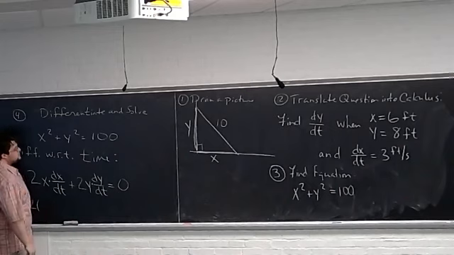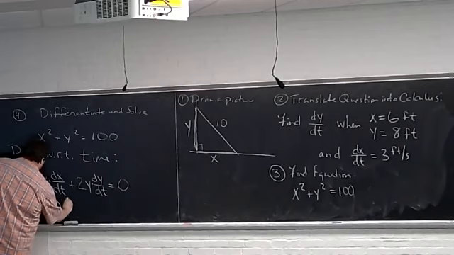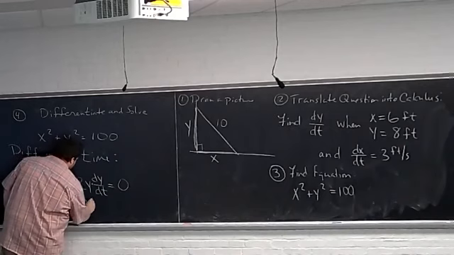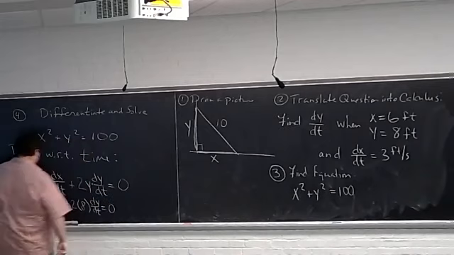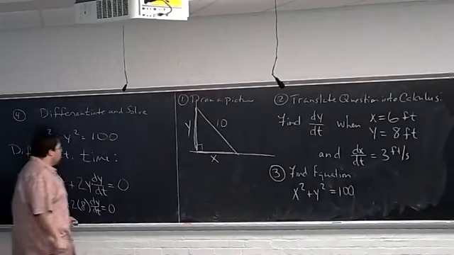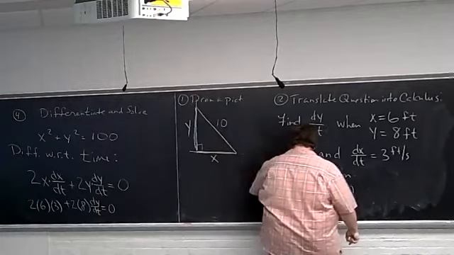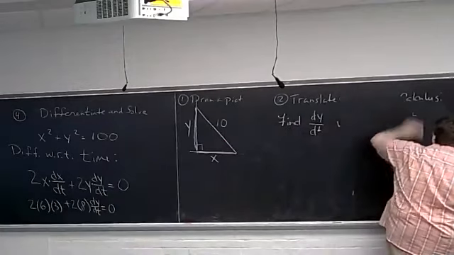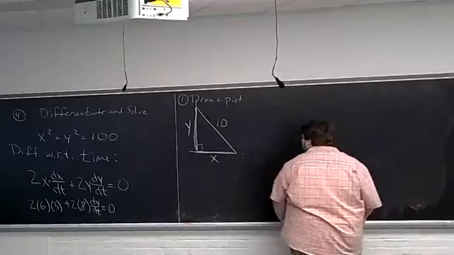x equals 6, dx/dt equaled 3, y equaled 8, dy/dt was what we wanted to solve for. Equals 0, solve for dy/dt. And I'm going to reference that picture in a moment. And what do we get?